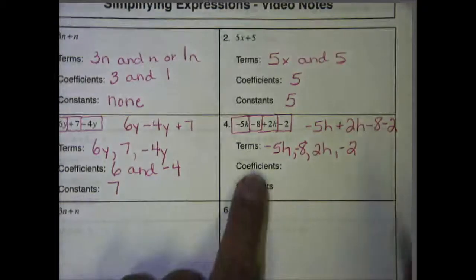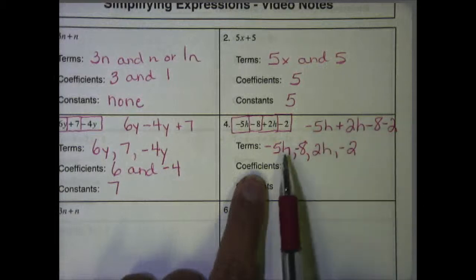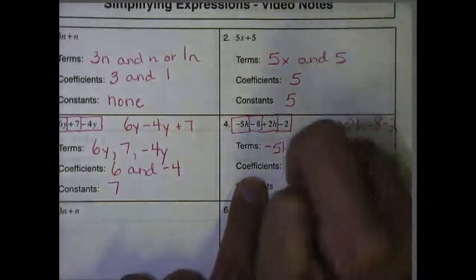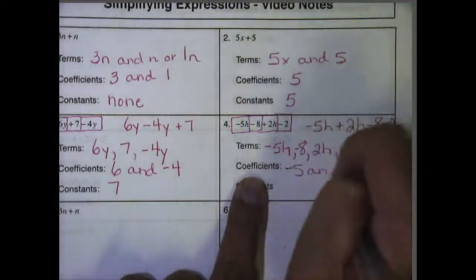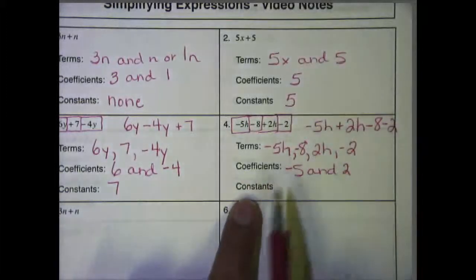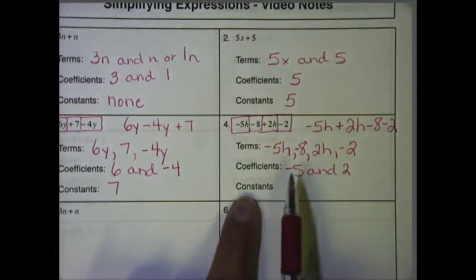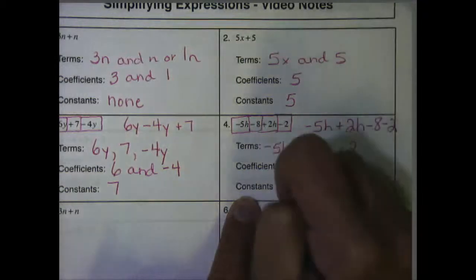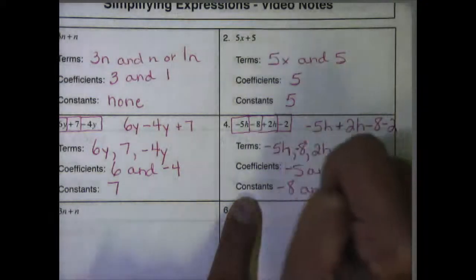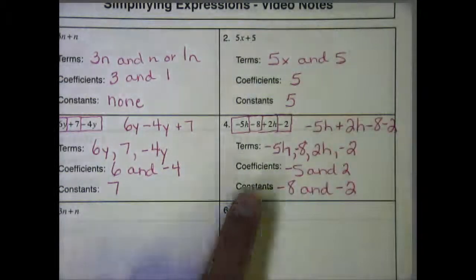My coefficients are with the terms with variables, so I have a negative 5 and a positive 2. And my constants are the terms without variables, so I have negative 8 and negative 2.